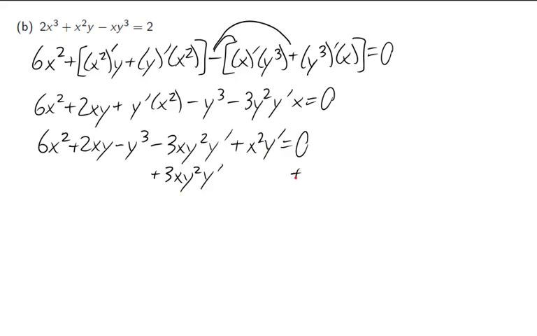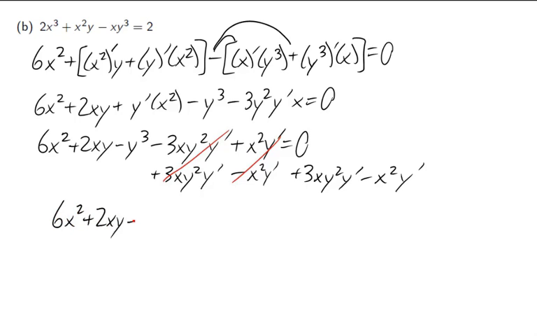And now what I'm going to do is add this to both sides, the 3xy squared y prime, and subtract the x squared y prime from both sides, and we're left with the following. We have 6x squared plus 2xy minus y cubed equals 3xy squared y prime minus x squared y prime.